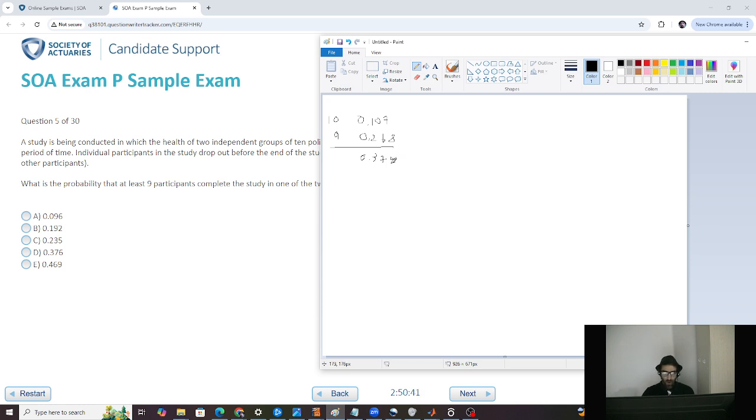And then the probability of having this in one of the two groups, but not both. So that would either mean 0.375 are in for this group, but the 0.625, the remainder, is not. Or the other way around, right?